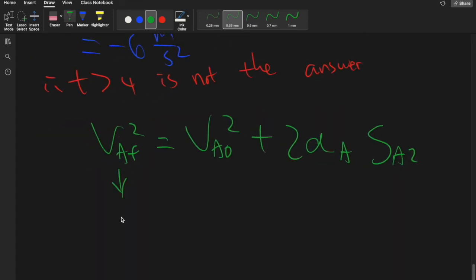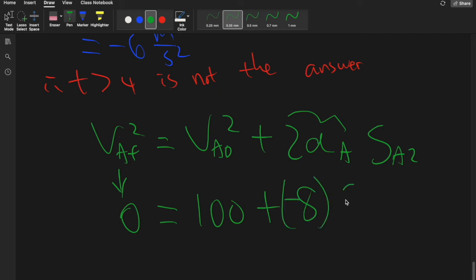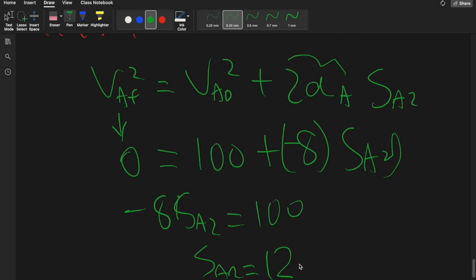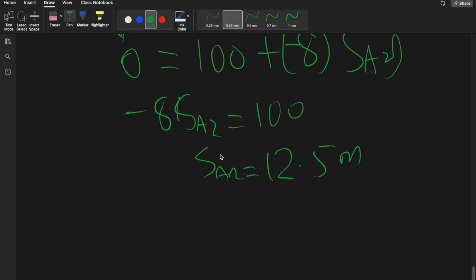So 0 is equal to 100 plus, here should be a negative number, so negative a times s_A2. So negative a s_A2 is equal to 100. s_A2 will be equal to 12.5 meters. So it's 12.5 meters.